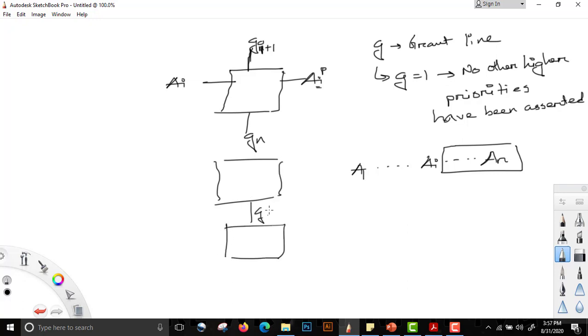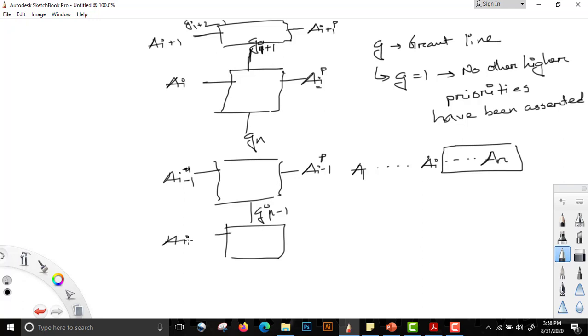Here we have Gi minus 1, Ai minus 1. Above we will have Gi plus 2, Ai plus 1, Ai plus 1P, Ai minus 1, and here we have Ai minus 2.